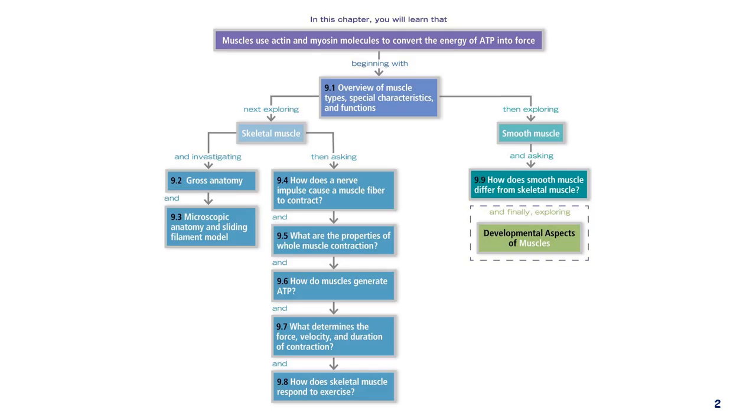What we're going to look at, of course, is the gross anatomy. Then we're going to look at microscopic anatomy, and we are going to look at what is the process that has to go on for your muscles to contract, right? So we are going to look at what is sending the nerve impulse from your brain down to the neuromuscular junction, and then chemicals that are important for muscle contraction and all the good stuff.